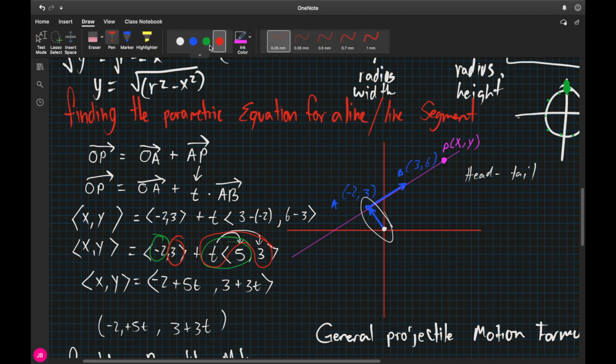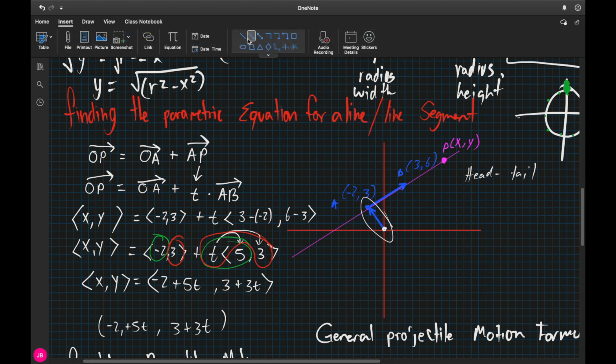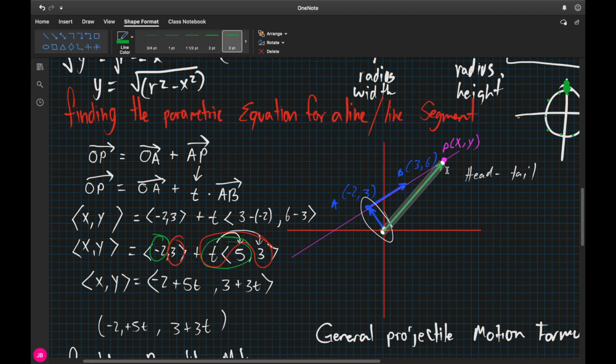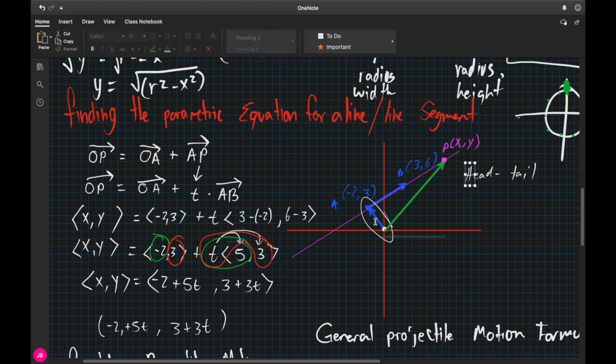let's do it in green. What we're doing is we are figuring out the fact that this line right here, this vector OP, could point to any single point on this line, and it won't matter what point I choose.